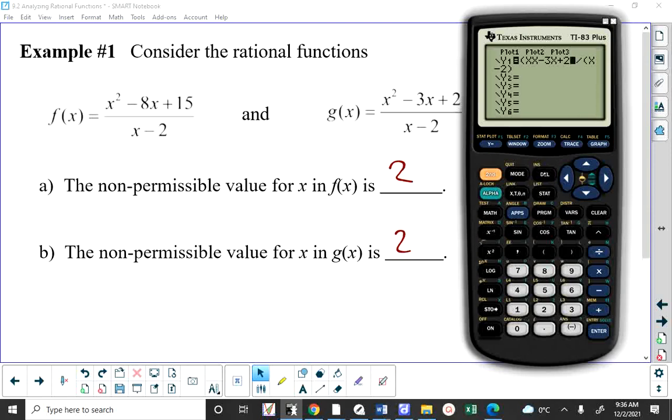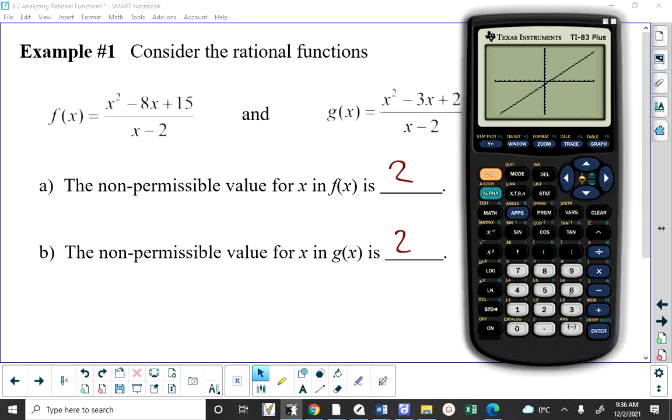And I think I'm still at zoom 6, but I'll do it again just in case. And what we see is a line. But hang on a second here. We said that x can't equal 2. It's a non-permissible value. And a line has a domain of any real number.